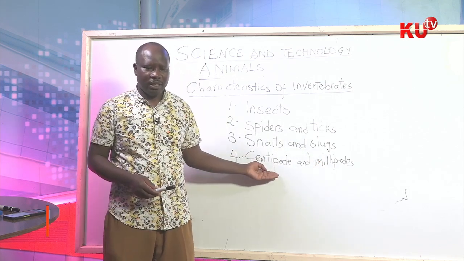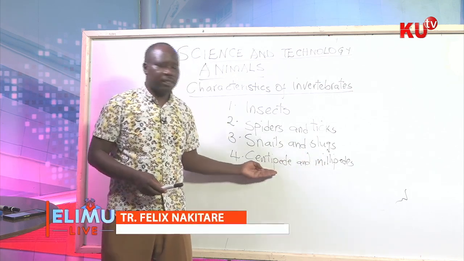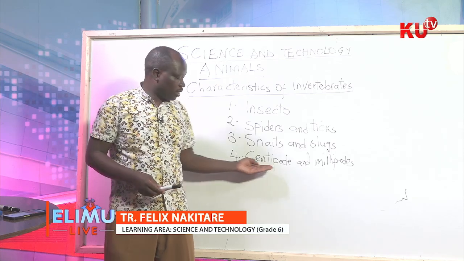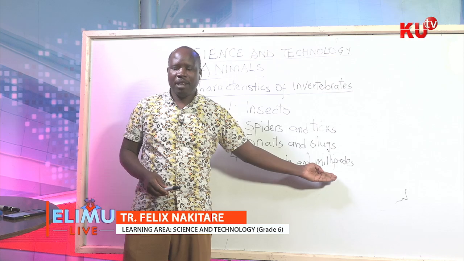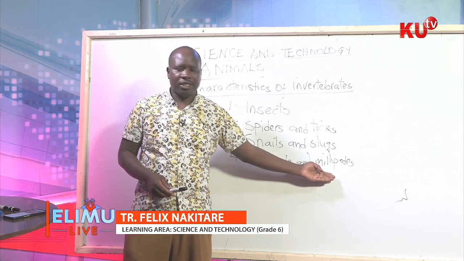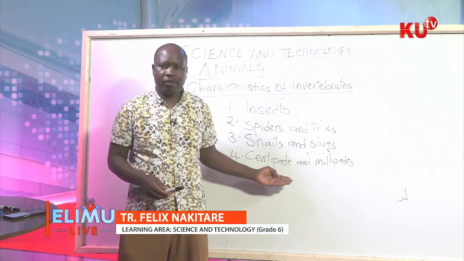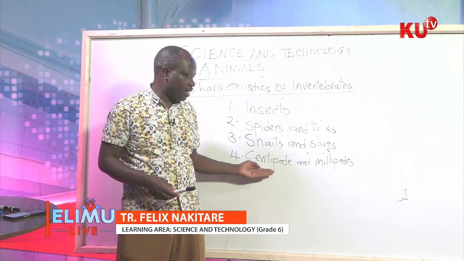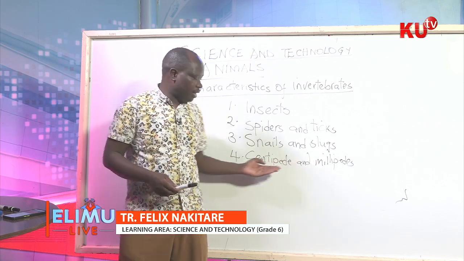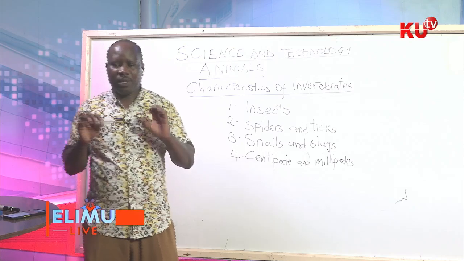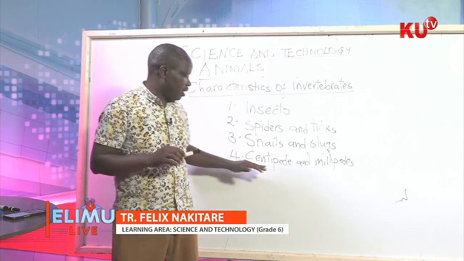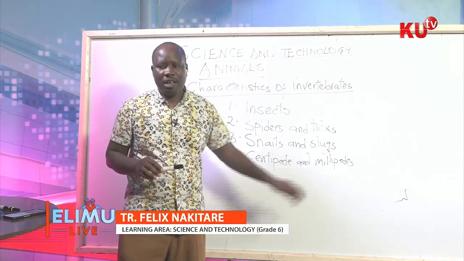What does that mean? This one has more legs than this one. So centipedes have fewer legs than millipedes. In case you get confused, cent means 100, milli means 1,000. Centipedes have fewer legs than millipedes. That will help you to differentiate a centipede from a millipede.